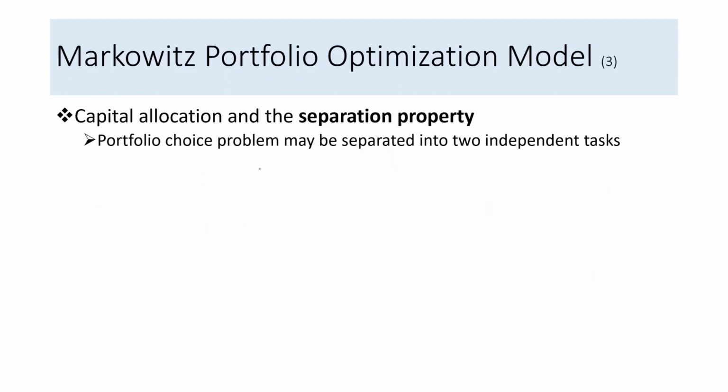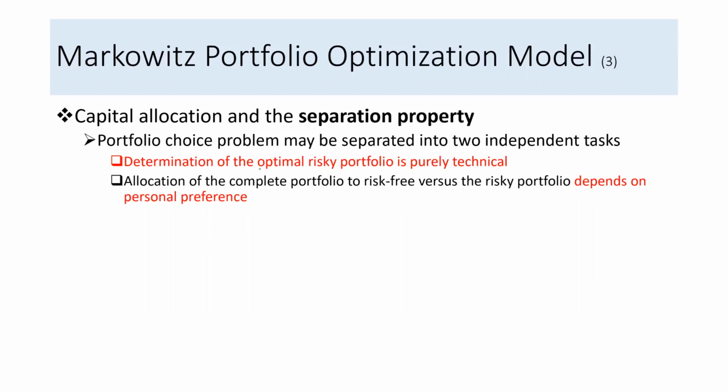The choice of the portfolio and the determination of the proportion that you want to invest in the risk-free versus the risky portfolio are two different decisions. The determination of the optimal risky portfolio is purely technical, saying that we first need to come up with an efficient frontier. And then there's a risk-free asset here, and then we can just find the tangency portfolio.